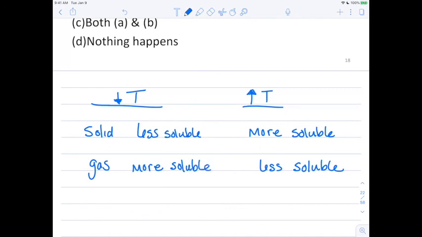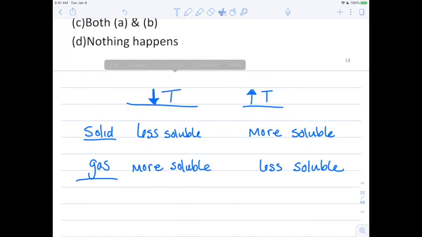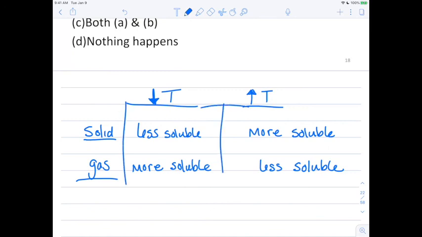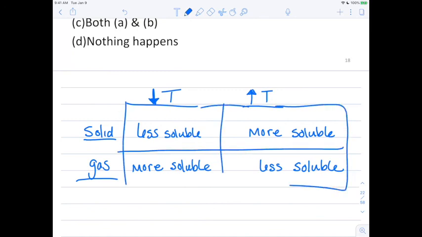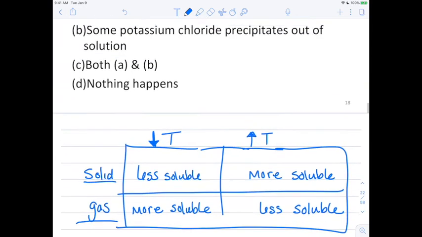So any questions on what I've written here so far, that when the temperature goes down, solids will become less soluble and gases will become more soluble? And when the temperature goes up, solids become more soluble and gases become less soluble? Just so it makes a little more sense, let me go ahead and put this into a chart. There we go. Okay, so now let's go back up.